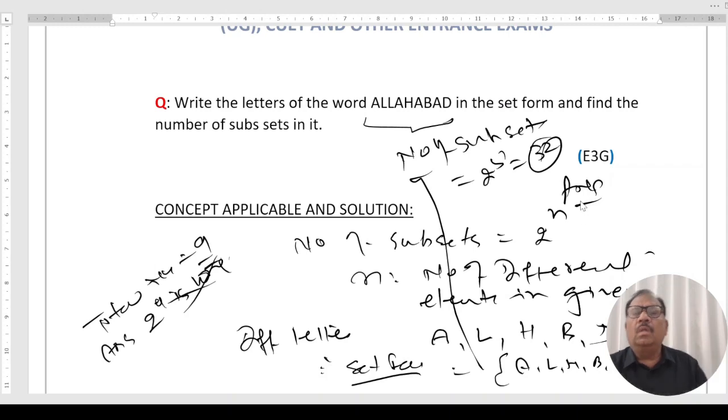The purpose of the question was to make an impression in your mind that all the letters should be different. 2 to the power 9 may also be given as an option; you can tick that it is wrong. Answer is 2 to the power 5, that is 32.